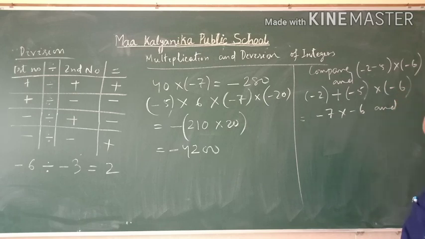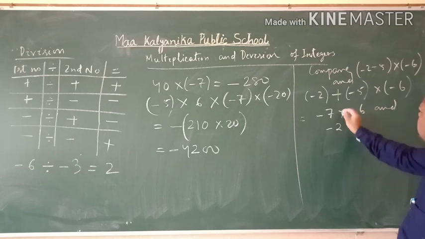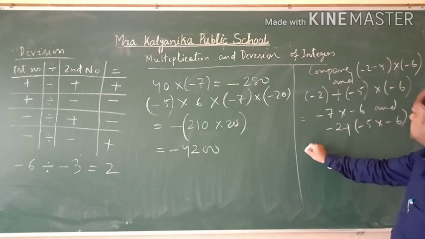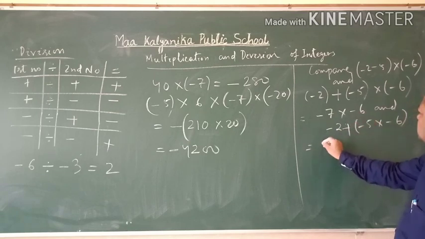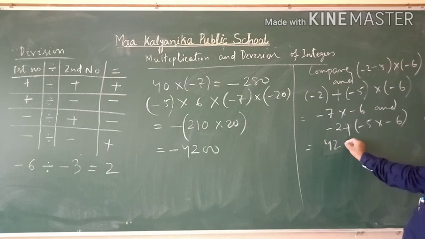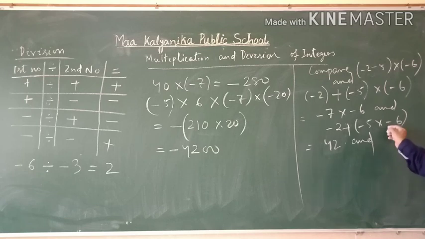Minus 7 into minus 6: 7 times 6 is 42, minus minus will be plus, so plus 42. For the next part, minus 2 plus minus 5 into minus 6: minus 5 into minus 6 becomes plus 30.